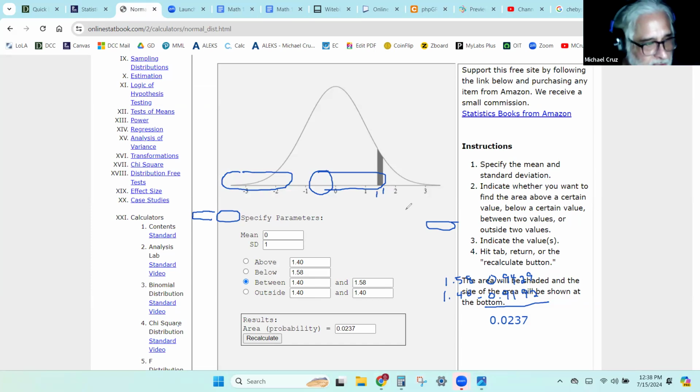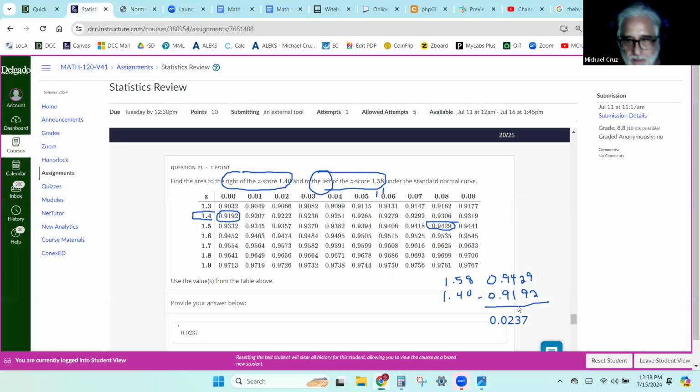So we're only looking for that small little chunk there, and it's essentially a between. So that's why we subtract 0.9192 from 0.9429. Okay, Tori, does that make sense? Yeah.